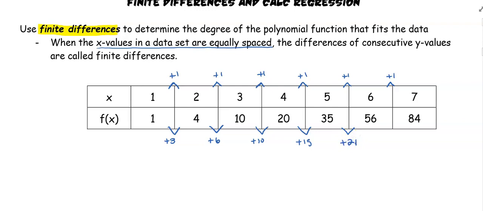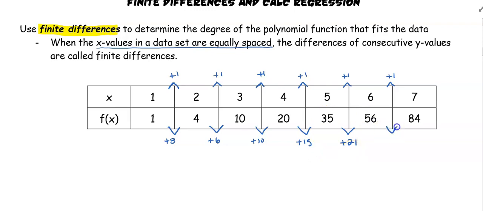So maybe this is the first one you weren't exactly sure right off the bat what you needed to do to get there. When you are finding the finite differences, that means subtraction. So to find that, here I would have done 4 minus 1 to get 3, 10 minus 4 to get 6, 20 minus 10 to get 10, 35 minus 20 to get 15, 56 minus 35 to get 21.